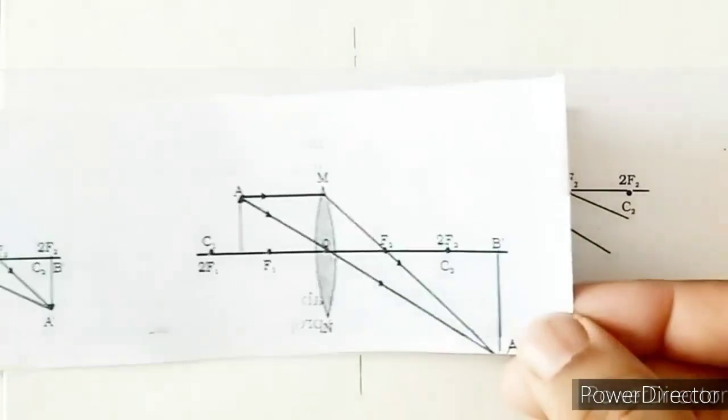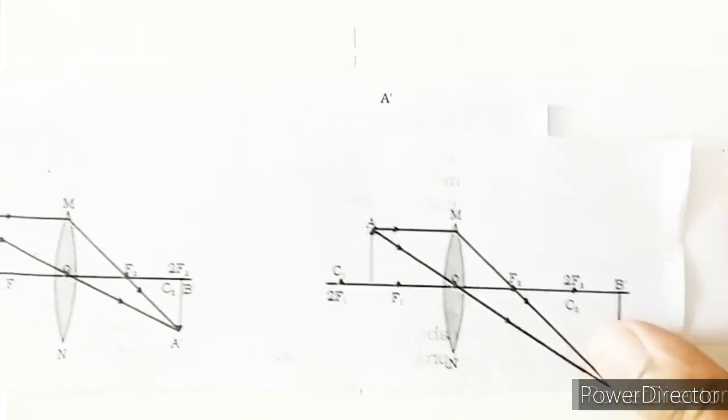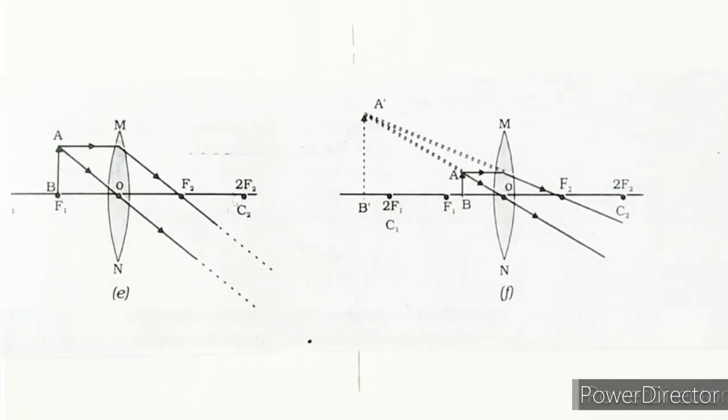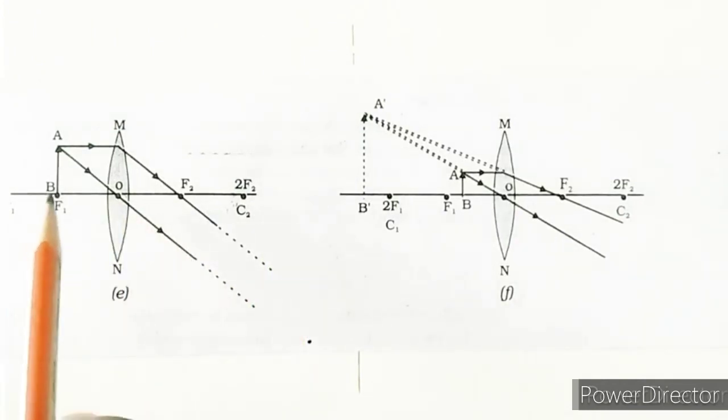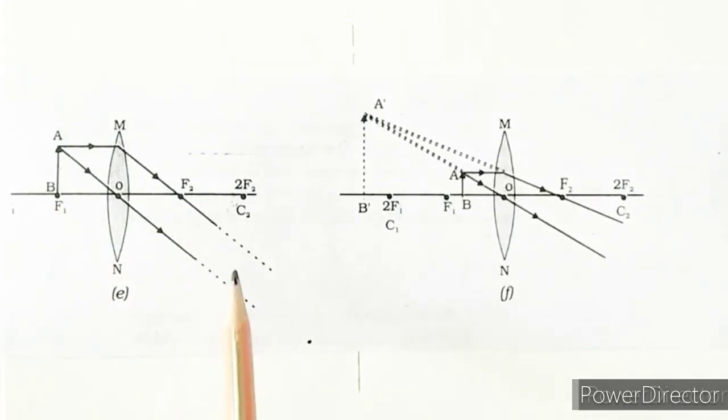Then as you go beyond 2F2, the size keeps on increasing. So in that case, if you see this one, it is going to meet far away. As the distance increases, the size increases. So only in this case, when the object is kept at F1, the size of the image will be highly enlarged, and it is real and inverted.